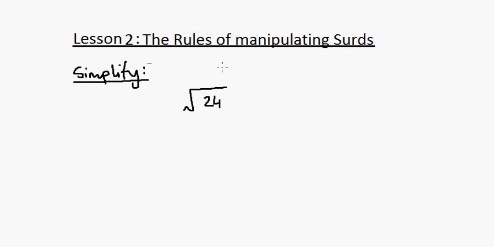So we are asked to simplify root 24. So I suggest we use the rule, let me write it in green again, square root of AB equals root A times root B. So now let's use blue. Now let's solve it. Okay, so we have many factors of 24.